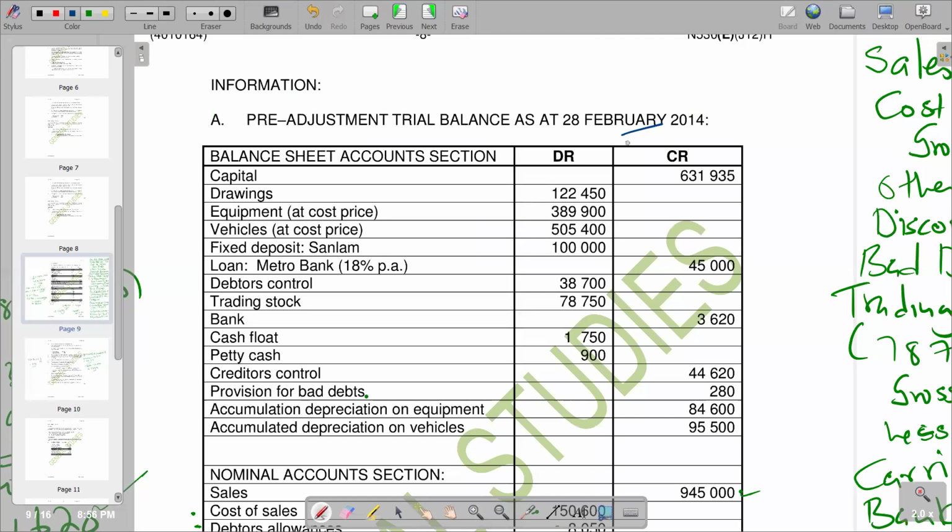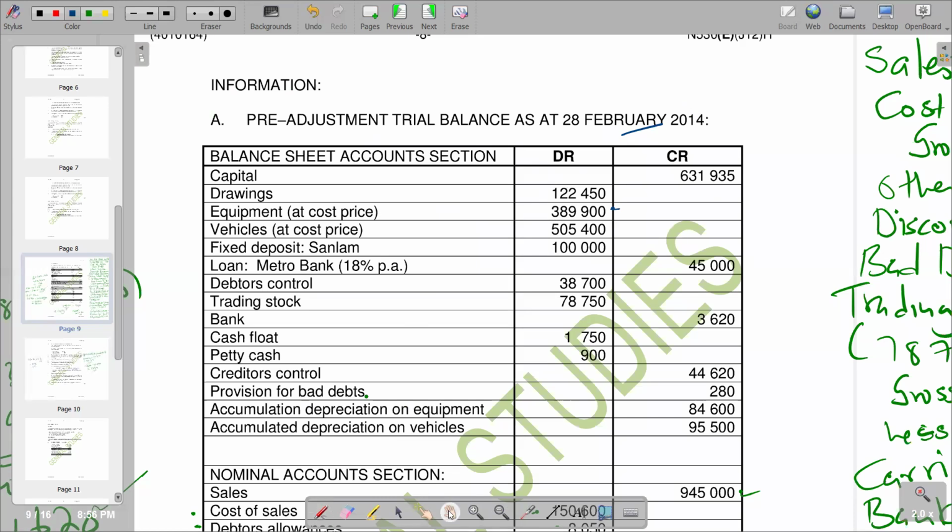So it means that the 9,500 for the new equipment that came during the year is inside the cost for equipment of 389,900. So we are going to remove 9,500 from 389,900, so that we remain with equipment that was there for the whole year.